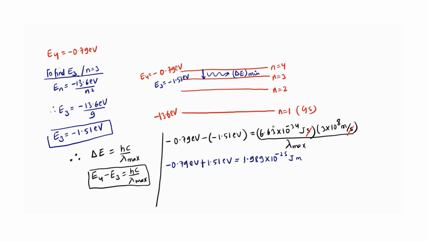We are finding the product in numerator divided by lambda max. Clear? Now let us simplify the left hand side.